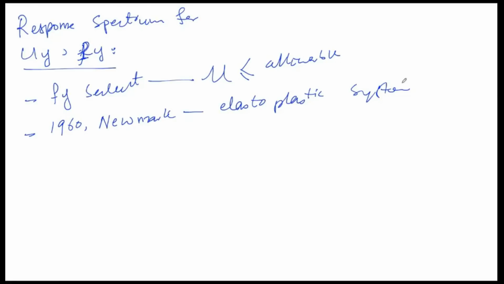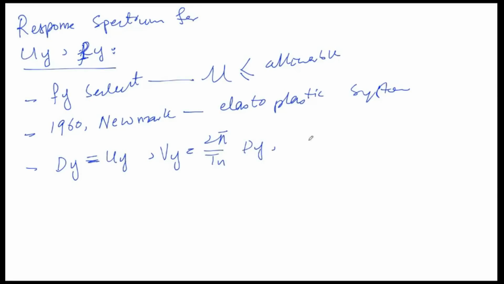And the advantage of that spectrum is that it provides the desired information for the designer. These response spectra were plotted for the value of dy, equal to the yield displacement of the structure, and for the yield velocity, that is obtained using the pseudo relationship.